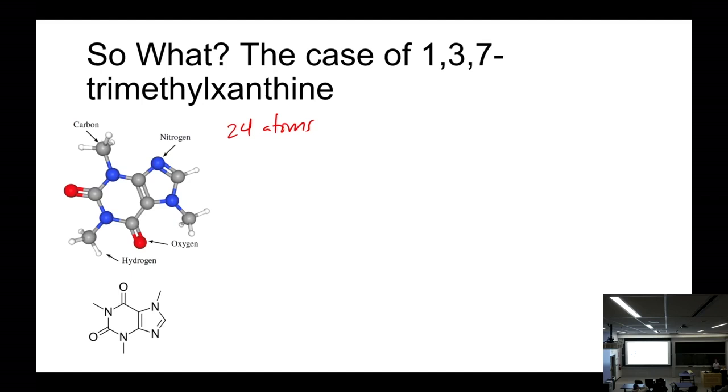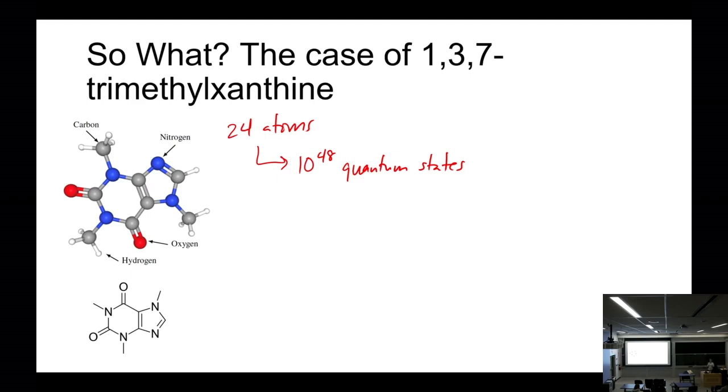So why is this hard? It's hard because these 24 atoms can exist in 10 to the 48th distinct quantum states. If we want to perfectly describe it, we need the ability to represent all of these different atomic states or configurations. This 10 to the 48th comes from the number of positions that our electrons can occupy in the ground state of this molecule.